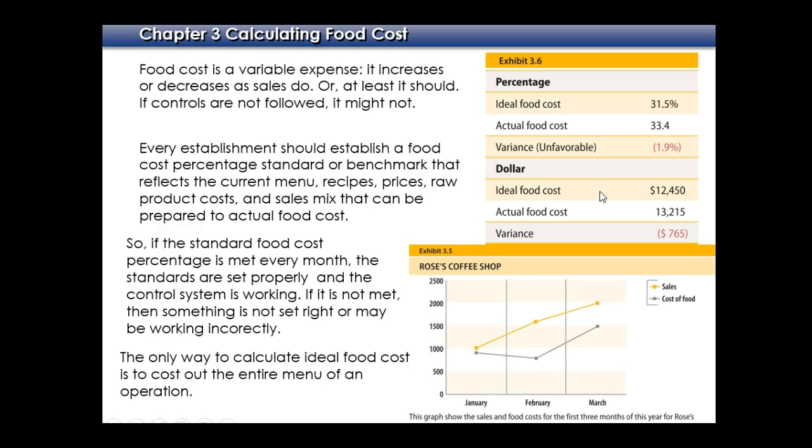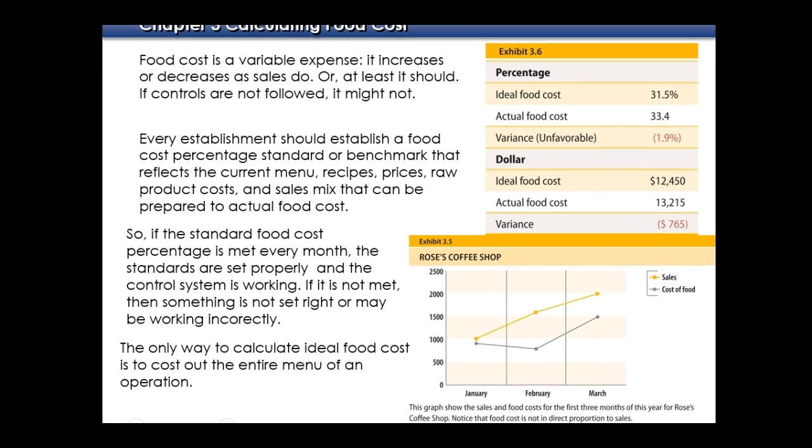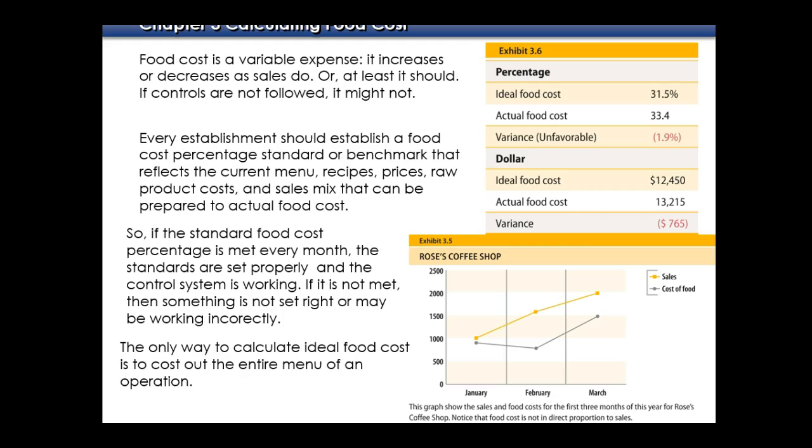This other example they have in the book here, let's go over this. The graph is just showing what you are buying versus what you are selling. So you look at January, that's pretty close to breaking even. Their sales were just above their costs. They probably didn't make a whole lot of profit, if anything.